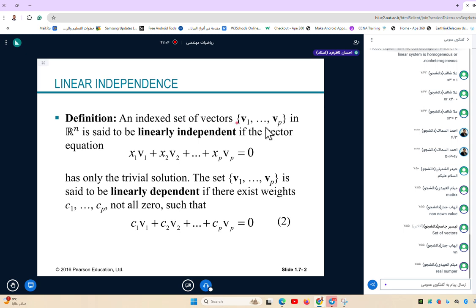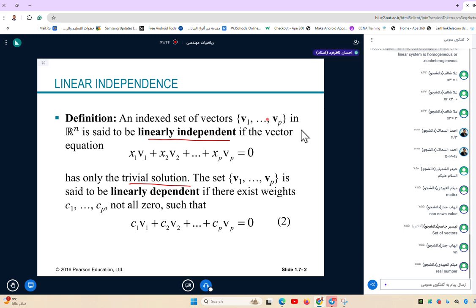An indexed set of vectors v1, v2, v3, and vp, these are said to be linearly independent if the vector equation x1 times v1 plus x2 times v2 plus and so forth through xp times vp equals 0, this is a vector equation, has only the trivial solution.